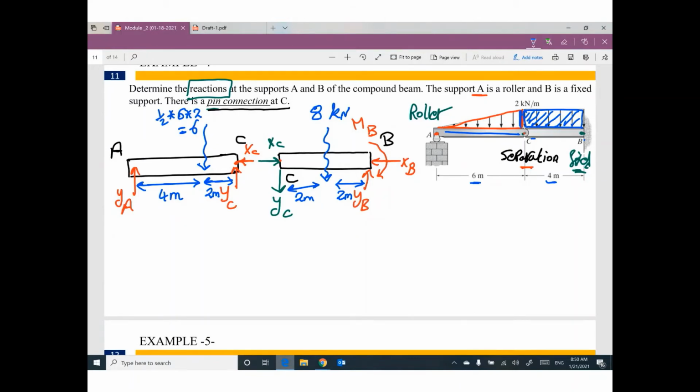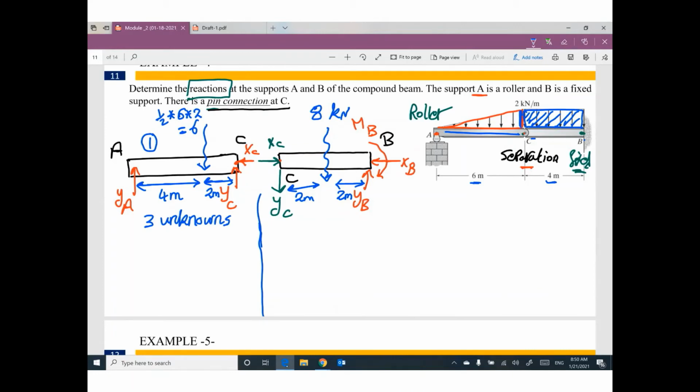Okay, guys, we have two problems. The first problem, this one, how many reactions or unknowns do you have? We have YA, we have YC, we have XC. So we have 3 unknowns. The other one, how many reactions do you have?